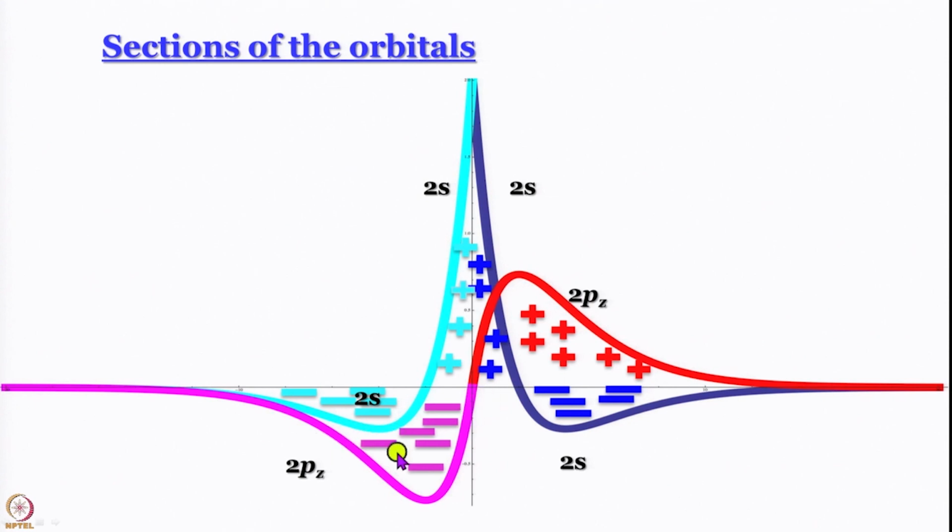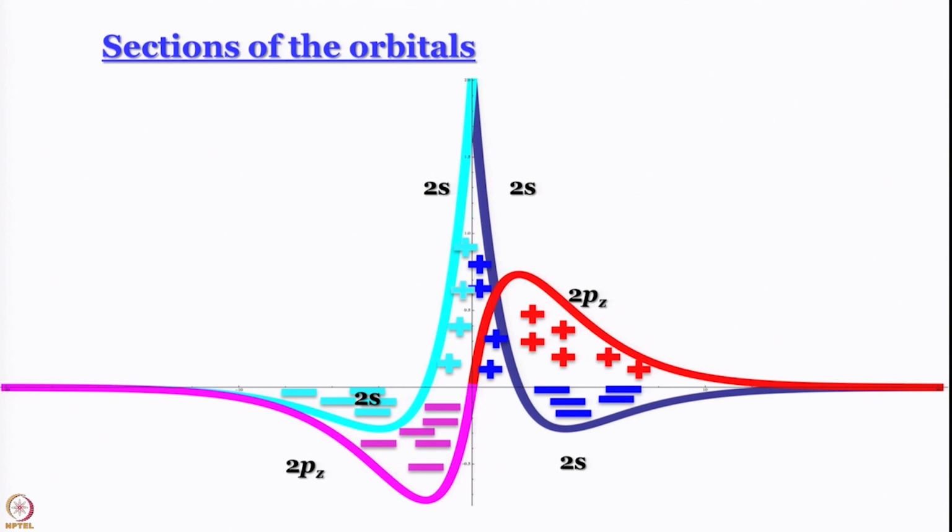On one side you have constructive interference, that is why you get the major lobe, on the other side you get destructive interference, that is why the lobe becomes small. So what we have drawn in these orbitals tells you where the probability is more. If you think of an s orbital, it has no directionality.